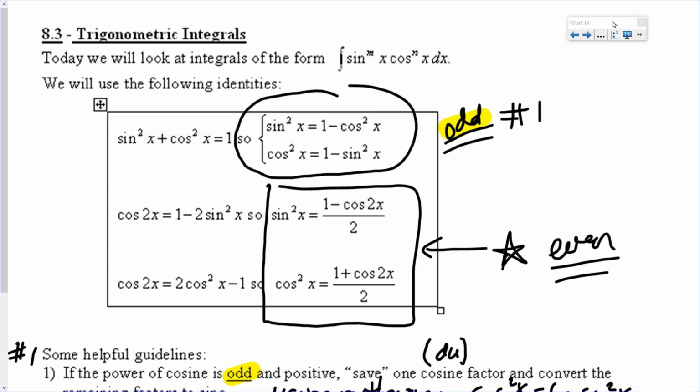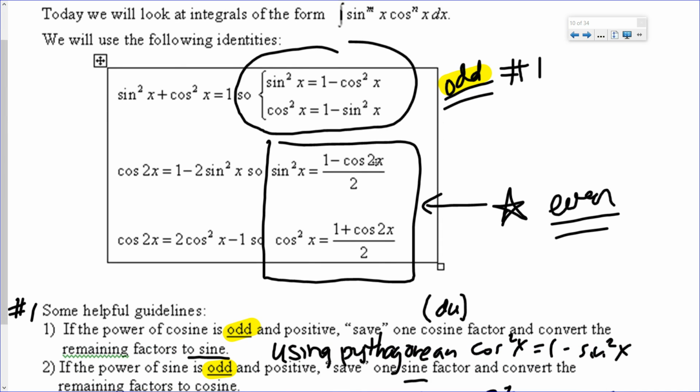If you have no odd exponents, you only have evens, then what you do is you use these 2 formulas that you learned in pre-cal. They look kind of weird, but you'll memorize these formulas, and all you'll do is plug in if you have even exponents.